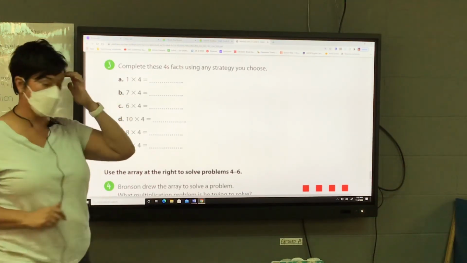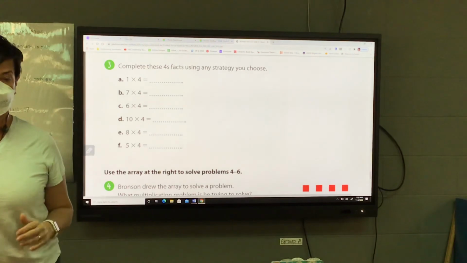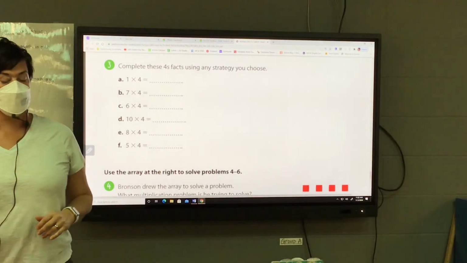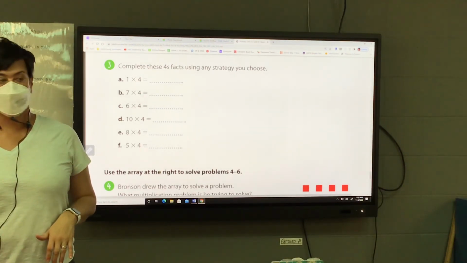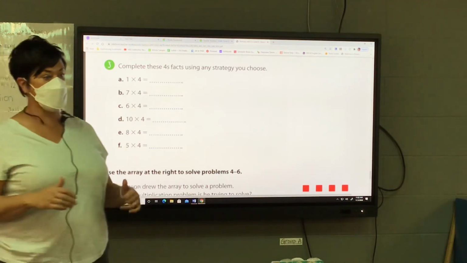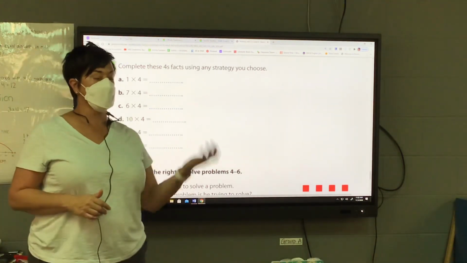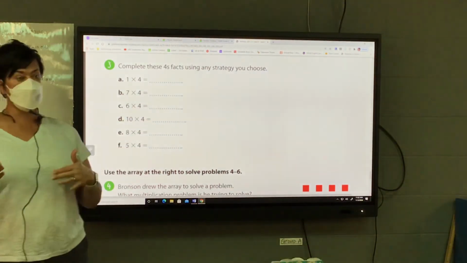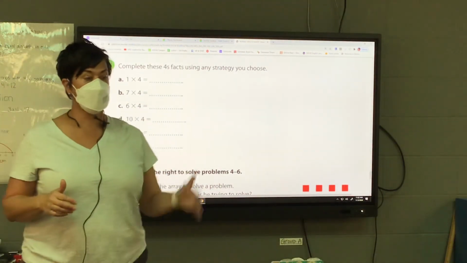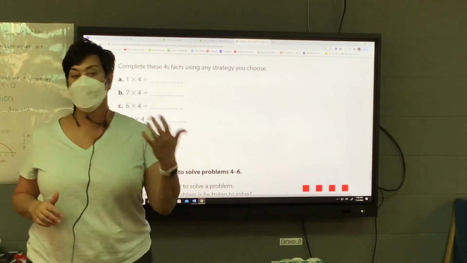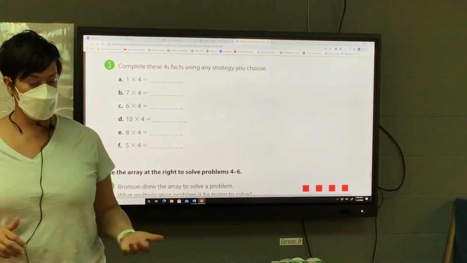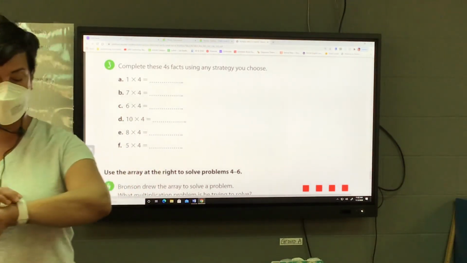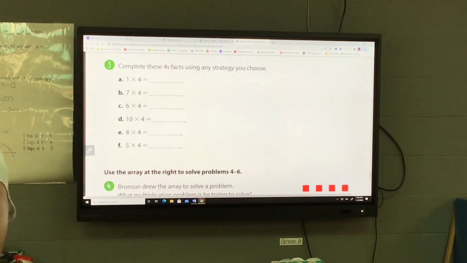Once you have that finished, then on your whiteboard, I want you to write the multiples of 3 and then write the multiples of 4. But finish this first. Remember when you're doing multiples, you're just skip counting by 3s or you're skip counting by 4s. And I think by the time we get that done, it will be about lunchtime.